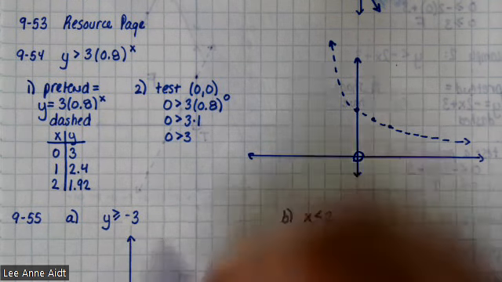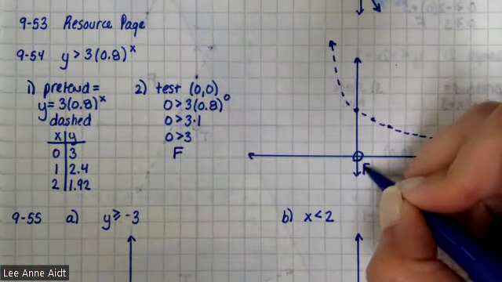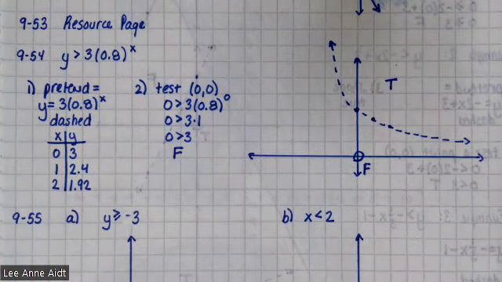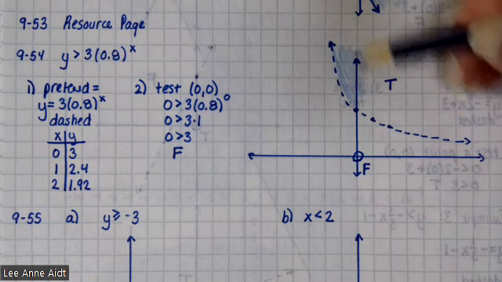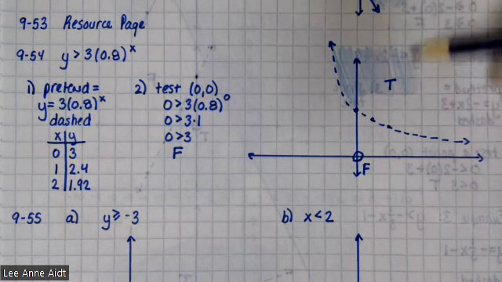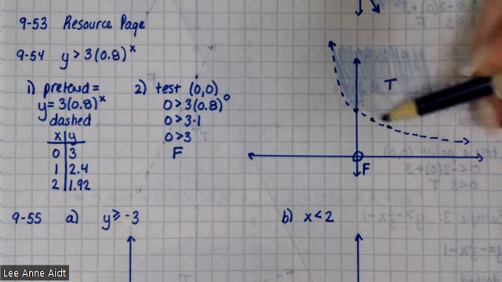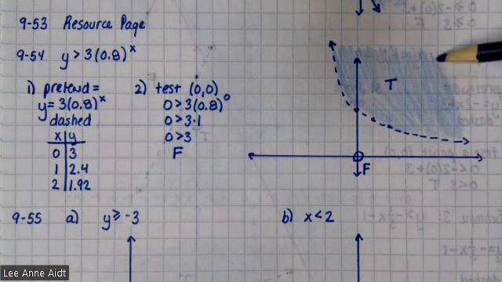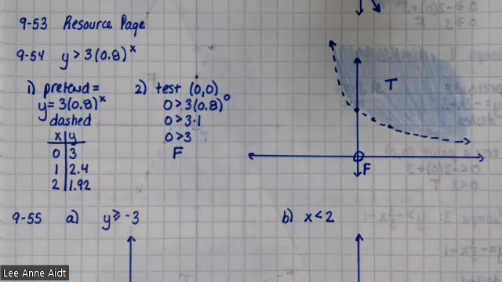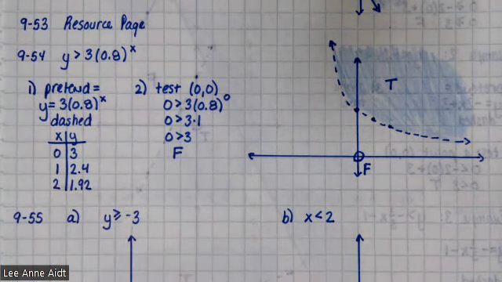Unhappy clock, right? So that means that the other side of the curve is my true section. So what's the difference between this and the linear ones? You really just have to make a little table so you get your dots.